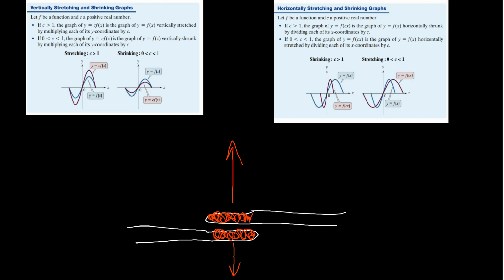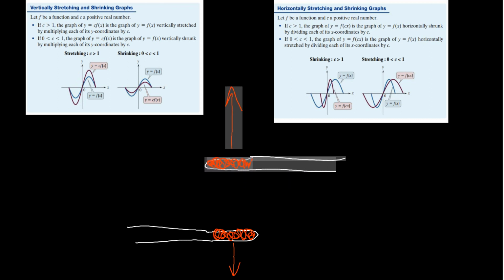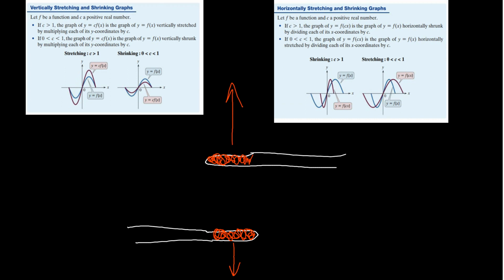Well, if I were to take my mitts and push them towards each other, notice how I'm vertically shrinking. And of course, that's what we see here. The blue line, f of x, is my parent function, and then I'm essentially smushing it down. If my number is between 0 and 1, I'm smushing it down.